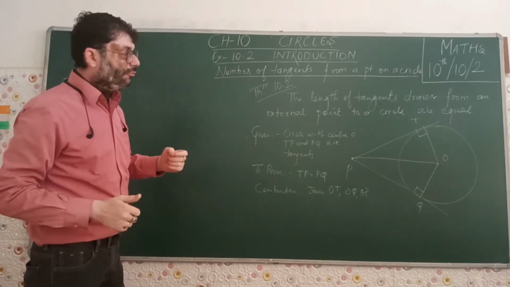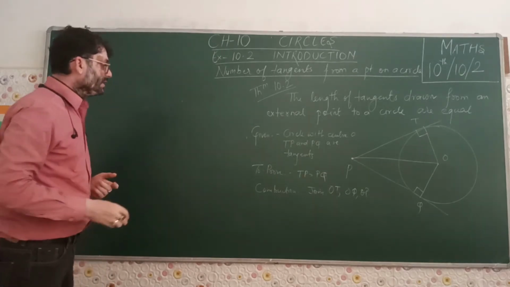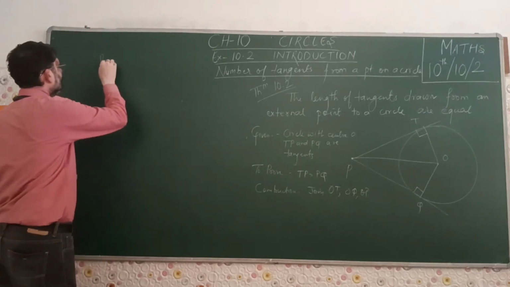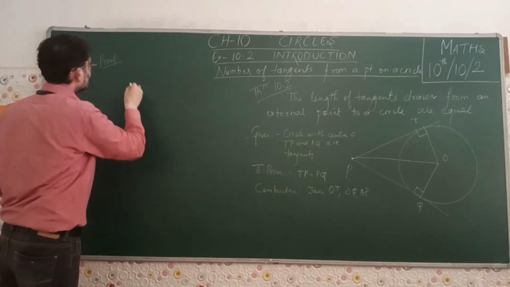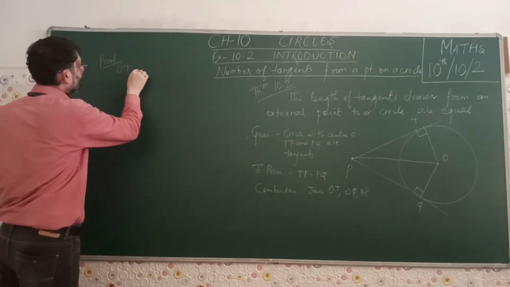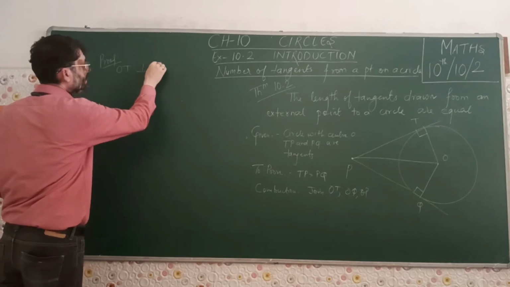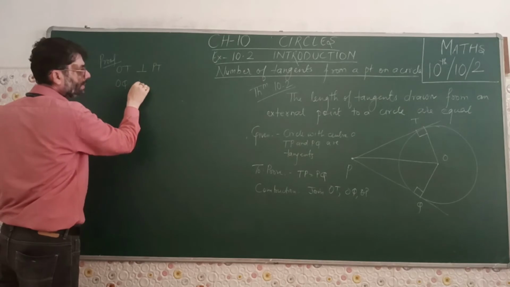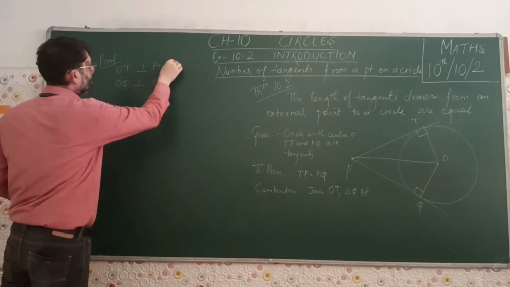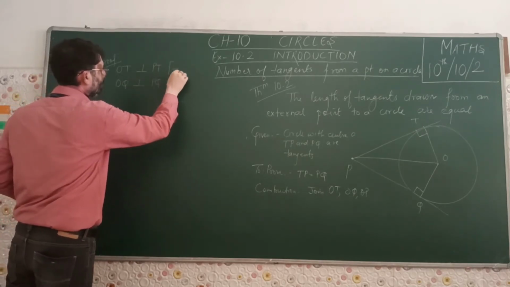So here follows our proof. Let us write what we have got. Here we can say OT is perpendicular to PT and OQ is also perpendicular to PQ by theorem 10.1.